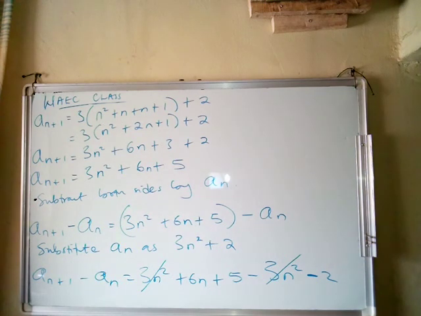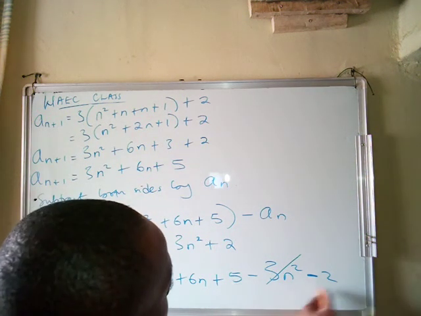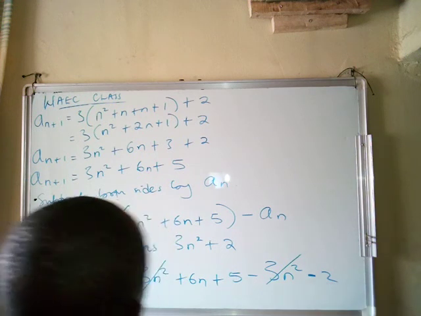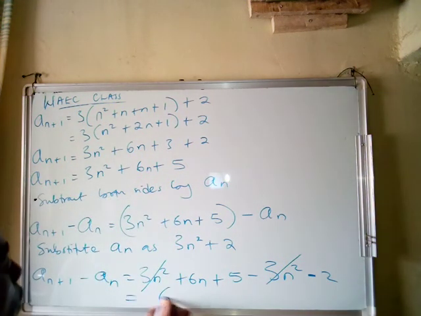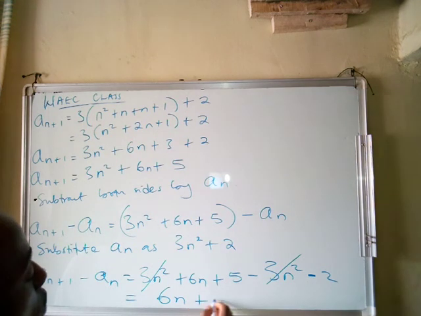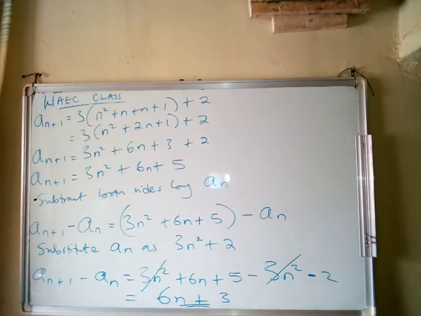It gives you a minus sign. So having done that, this 5 here minus this 2 here, finally you are having 6n plus 3.